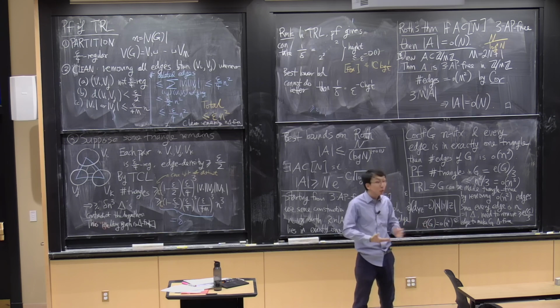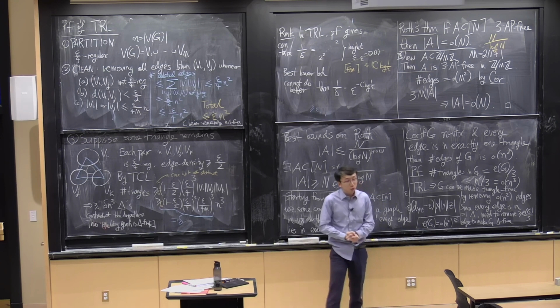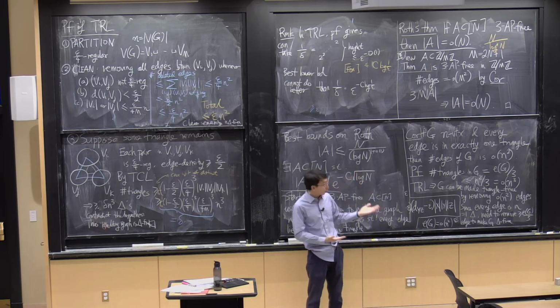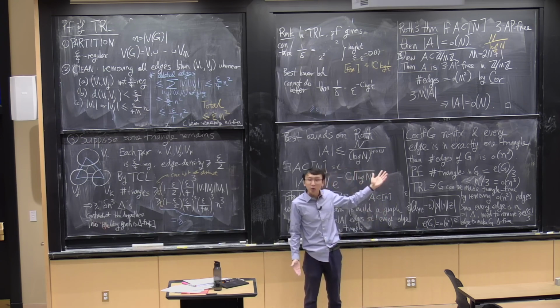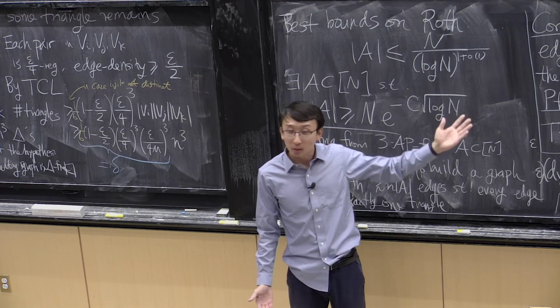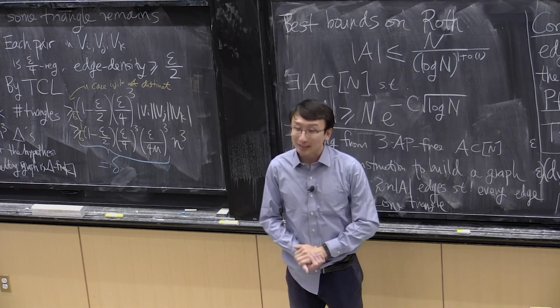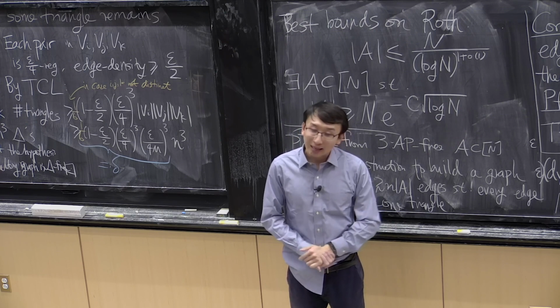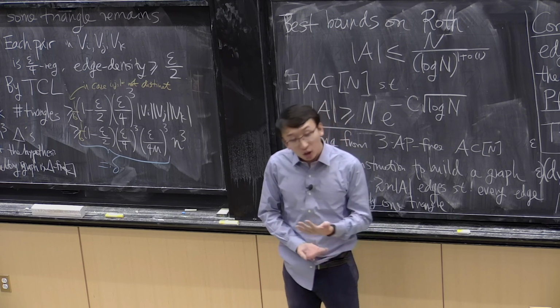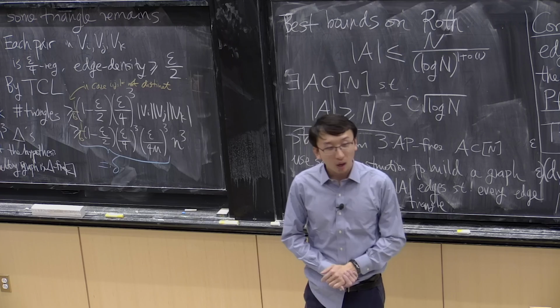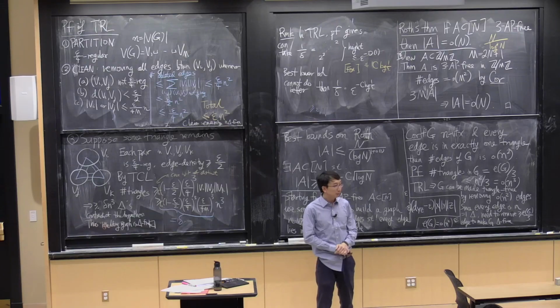One way to deduce Szemerédi's theorem is to use a hypergraph removal lemma, a hypergraph extension of the graph removal lemma, the triangle removal lemma that we saw today. It would also let us derive higher dimensional generalizations of these theorems. So it's a very powerful tool.